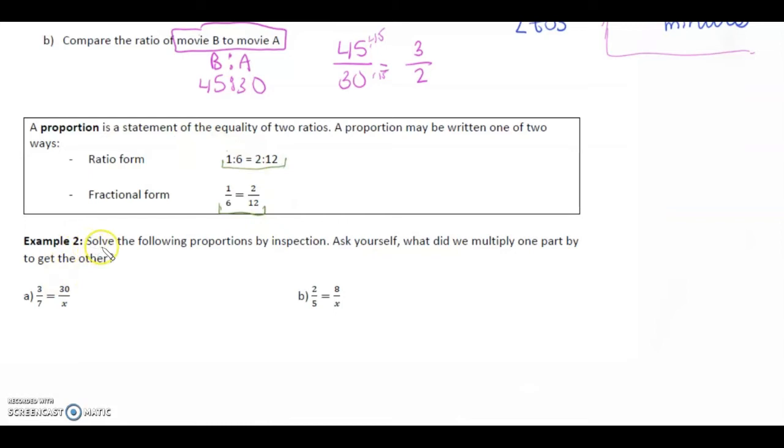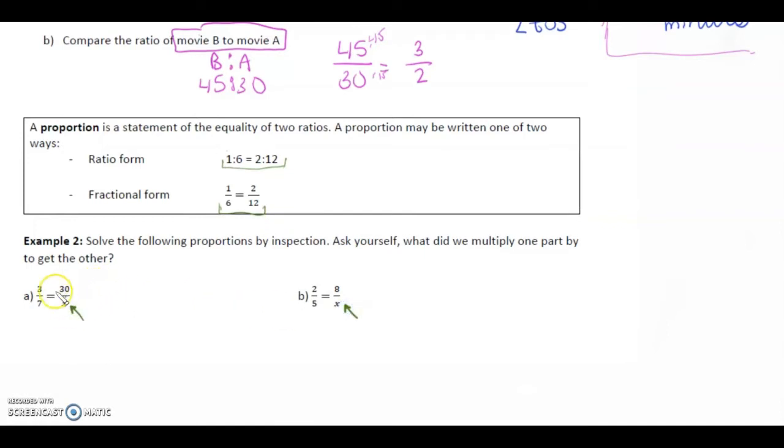So example 2, solve the following proportions by inspection and ask yourself, what did we multiply one part by to get the other? Okay, so inspection is kind of like take a look and analyze. These ratios are the more difficult ones because the variable is in the denominator.